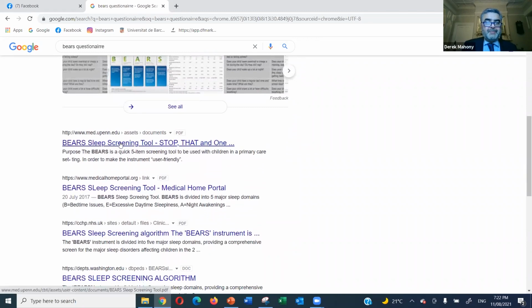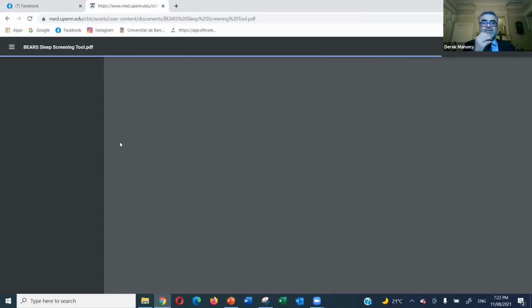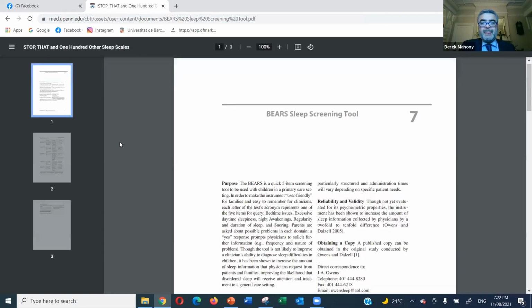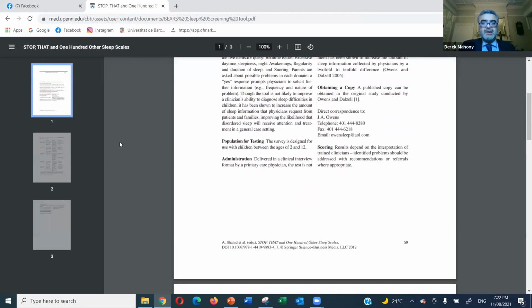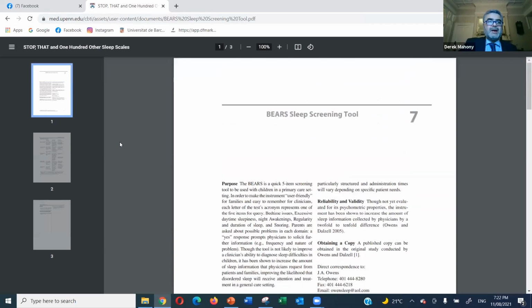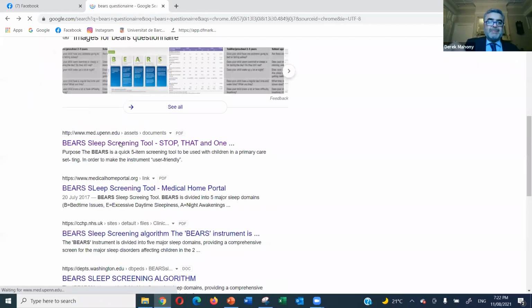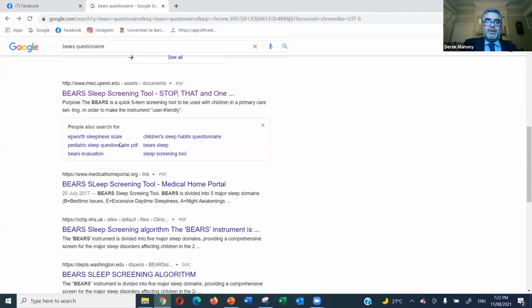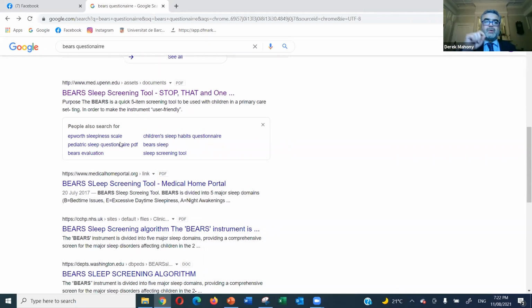But the University of Pennsylvania has a really good summary on how to use it. So that's the paper there. There are more papers than that, but that helps you to go through it correctly.